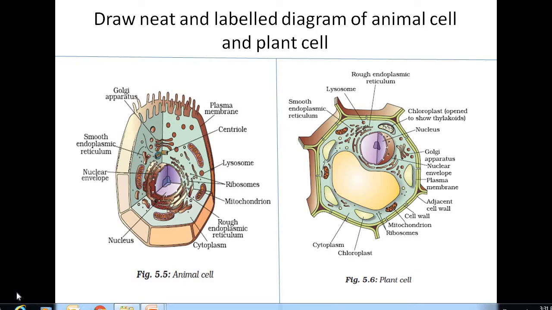In a plant cell, this is a plant cell. In a plant cell you can see there is an outer thick rigid wall, outer covering. There is an outer covering in the plant cell which is absent in animal cell.